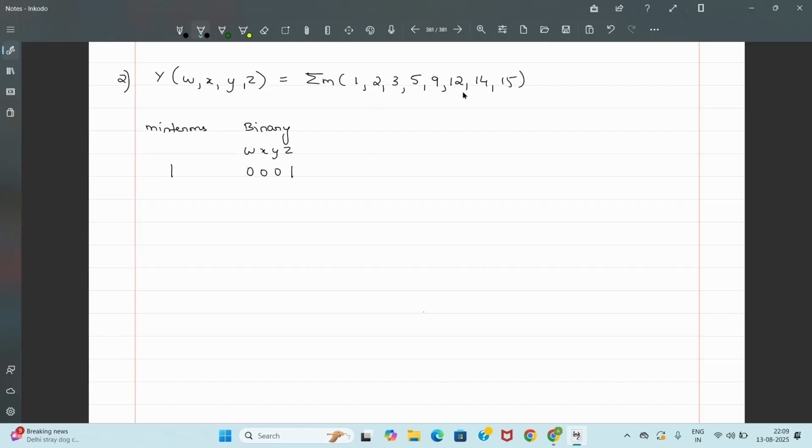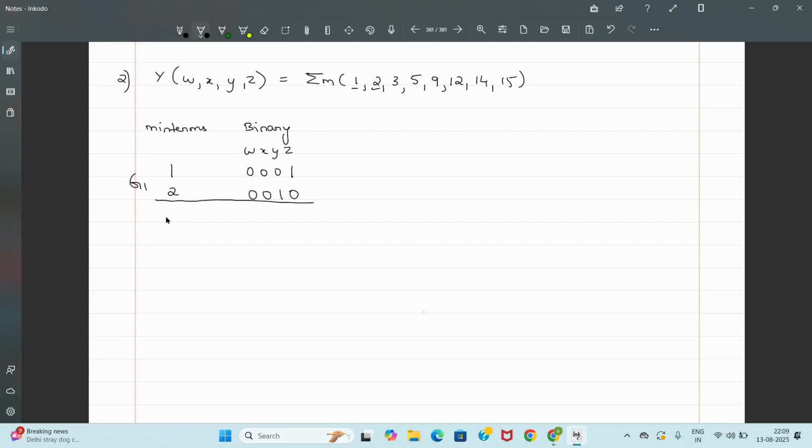Next, out of the remaining numbers, I have 2, whose binary representation is 0010. 2 also has a single 1. So 2 is done. 3 has 2 ones, so I cannot put it in this group. 5, 9, 12, 14, 15: none of these come into this group. So group 1 is done, which has only a single one.